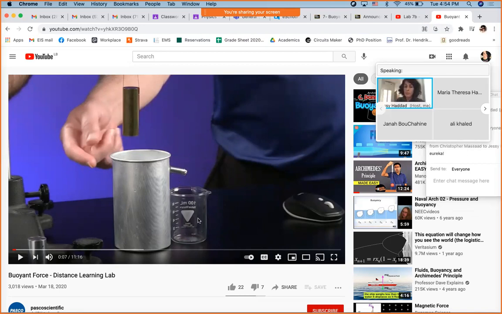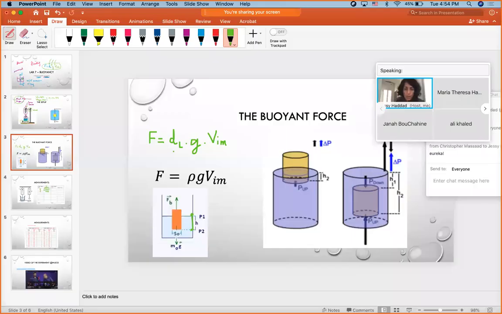Also, if you read the statement of Archimedes, what is the Archimedes upthrust? The upthrust has a magnitude equivalent to the weight of the liquid displaced. And if you think about it, isn't it M times G?